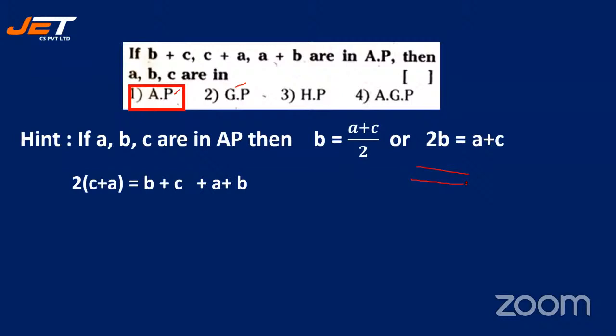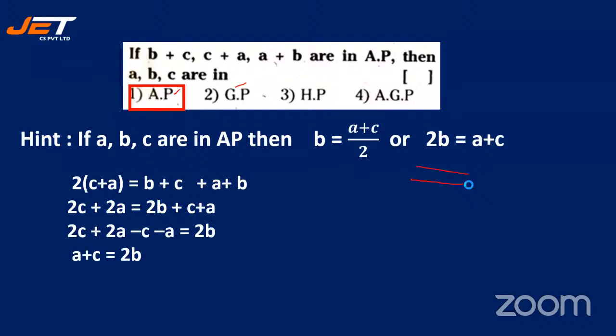See here, twice of C plus A is equal to B plus C plus A plus B. That is A plus C, isn't it? So with this, we find out 2B as A plus C. All right. So B is equal to A plus C by 2. So which is in AP. So that is why we conclude that A comma B comma C are in AP.